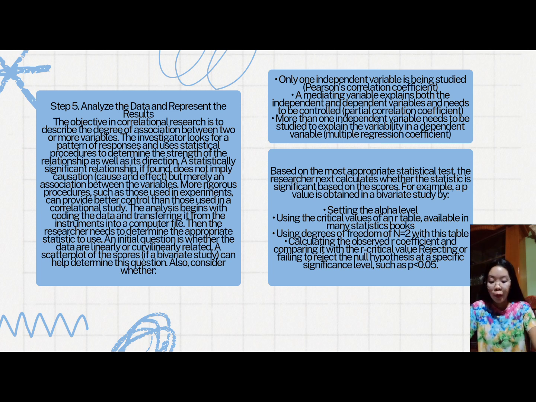Such as a p-value of 0.05. When we say p-value of 0.05, it means that the test hypothesis is false or should be rejected.